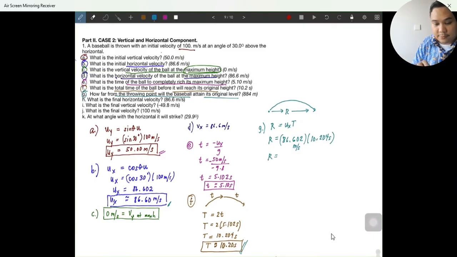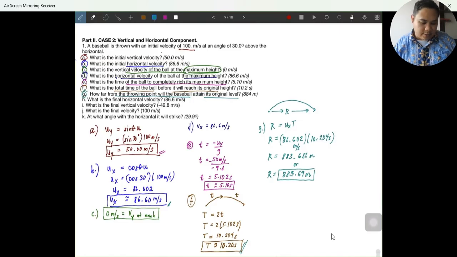That would be times 86.602, 883.686 meters, or let's try to round it off to two decimal places, 883.69 meters.